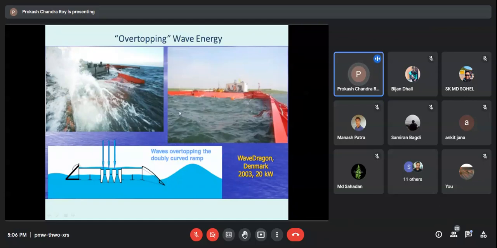Another device, if you look here, this is a simple platform-like thing. When you have a wave and it comes closer, a large portion of the water will come above this platform. Then, due to the difference in height, water will flow through these passages.